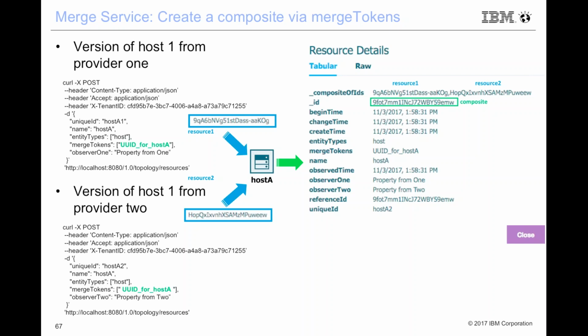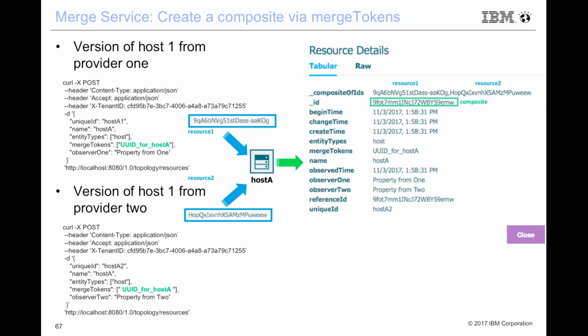It's just called UUID for host A. So once the merge service spots that, because the merging is all based on merge tokens, so once the merge service spots that those two different resources have the same merge token or any intersect in their merge token set, it will create that composite vertex that we saw in the previous slide.